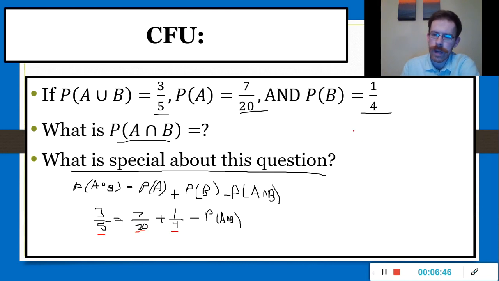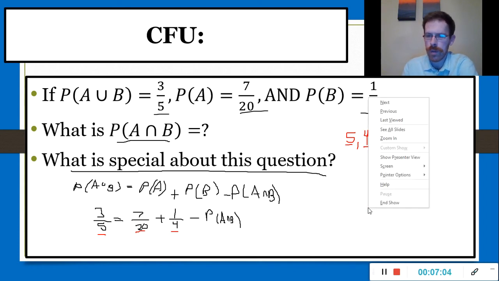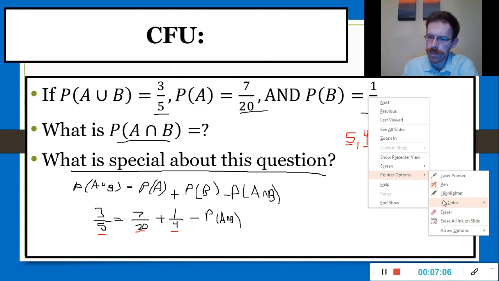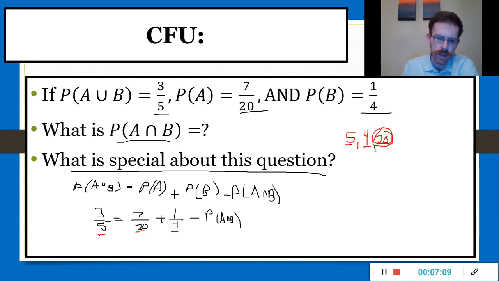A common denominator between 5, 4, and 20 is going to be 20. Remember, if you are trying to get a common denominator, you can't get the number smaller, the numbers can only get bigger. It's like trying to find the least common multiple. Well, it's this one: 5 times 4 will give you 20.